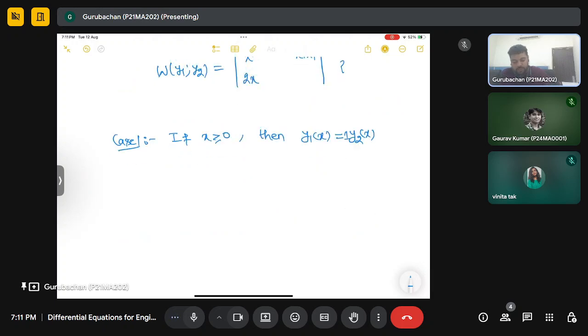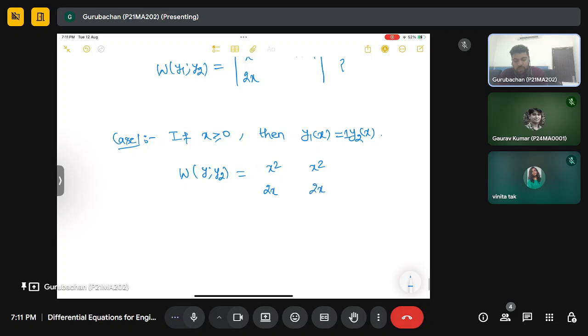So from here, in this scenario, the Wronskian has rows x square, 2x, and this is 0. So the Wronskian is 0, as well as the functions are linearly dependent on this case. So we cannot claim from this case.